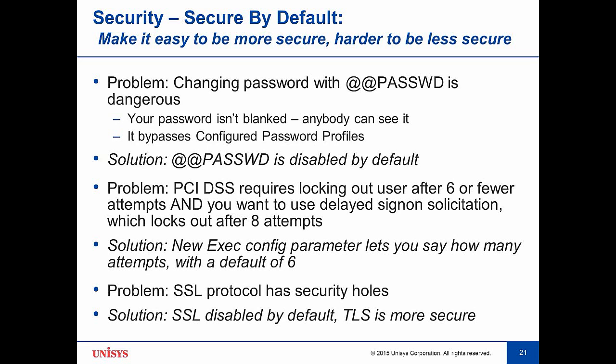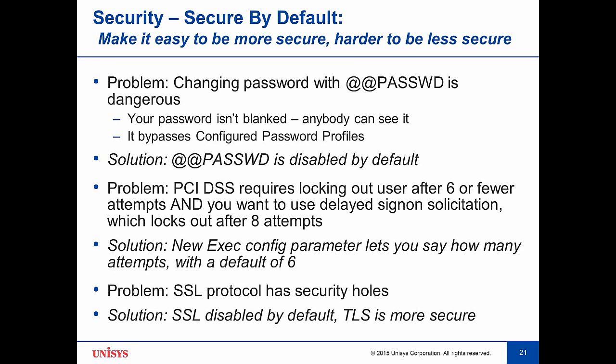In this release, you can configure delayed sign-on solicitation so that the number of attempts the user has meets whatever your goals are, and it defaults to 6, which is what PCI DSS requires.